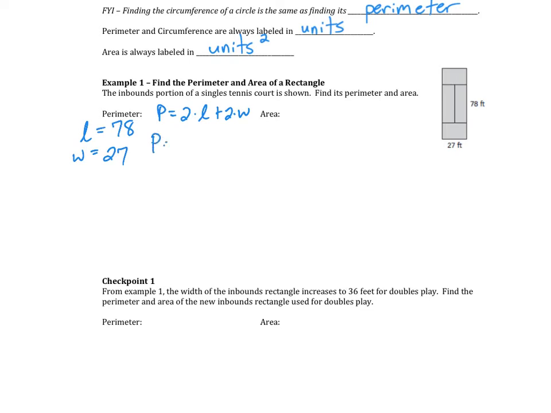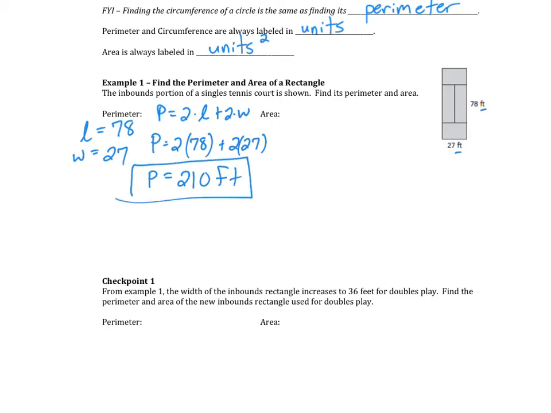So your perimeter equals 2 times 78 plus 2 times 27, which is 210. And then we label it in feet, because that's the measurement they give us. So 210 feet is the perimeter. That's what it would be if you went all the way around this rectangle.